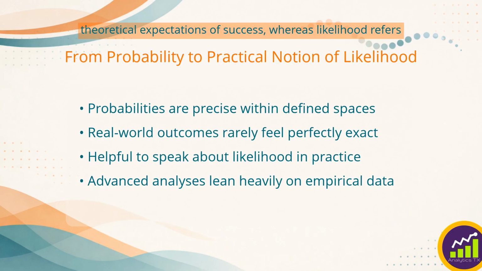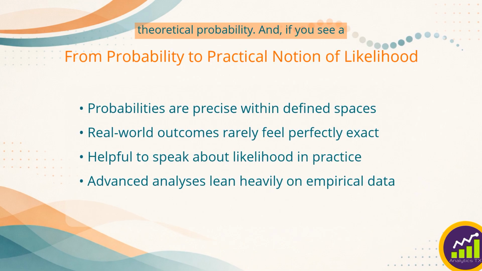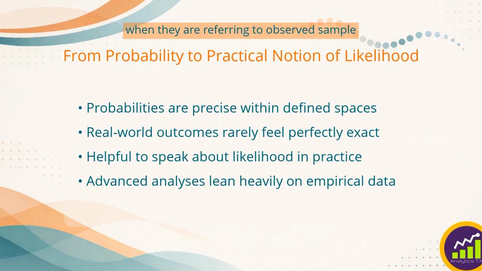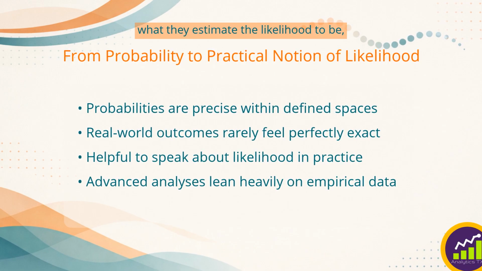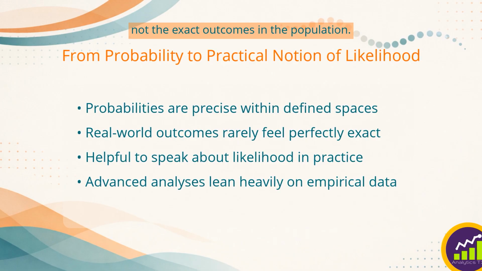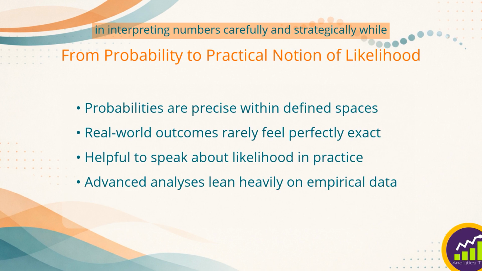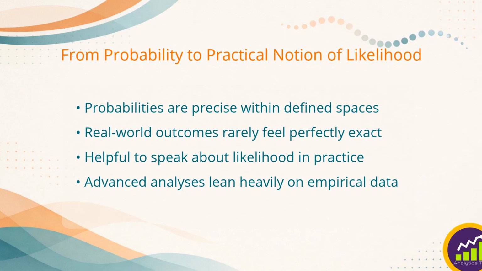Probability typically refers to theoretical expectations of success, whereas likelihood refers to empirical observations of success relative to theoretical probability. And if you see a report that is using the word probability when they are referring to observed sample data, know that they are referring to what they estimate the likelihood to be, not the exact outcomes in the population. This simple shift can be very useful in interpreting numbers carefully and strategically while making decisions on the path ahead.